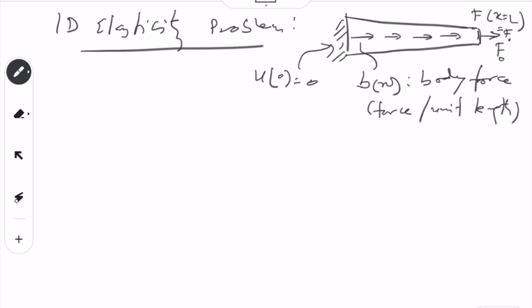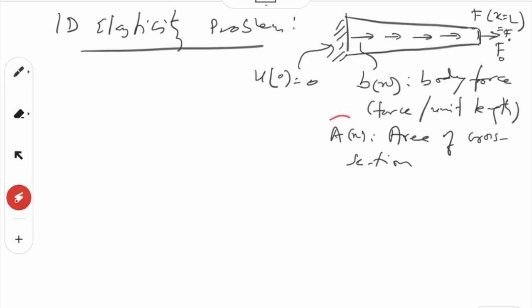So this kind of problem, this is what the problem setup is. Area of cross section could also be there. So, we can have A(x) equal to area of cross section, which may be varying with x. So, A is not assumed to be constant, it can vary with x, you know. So, that is why A is a function of x.